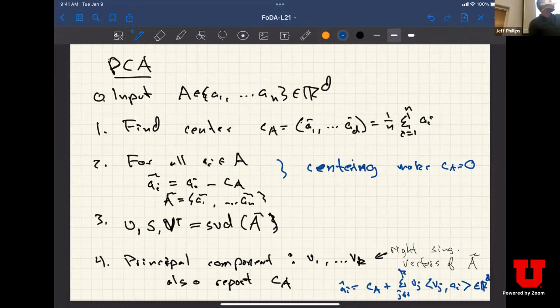If I did this to get it back in R^D, I need the center, and I also need these vectors here. The other thing I could do is map them into R^K.